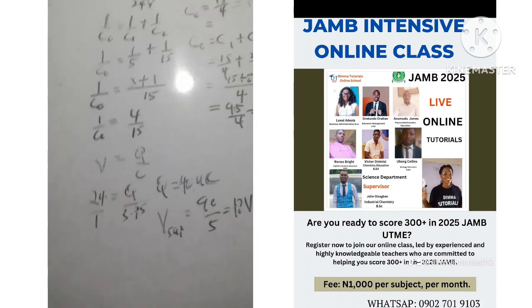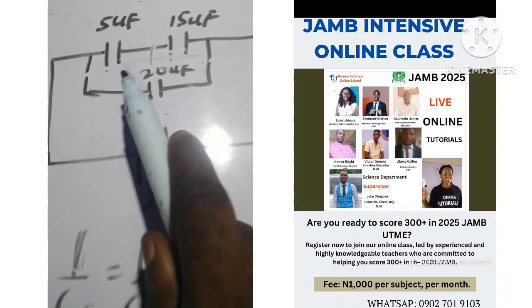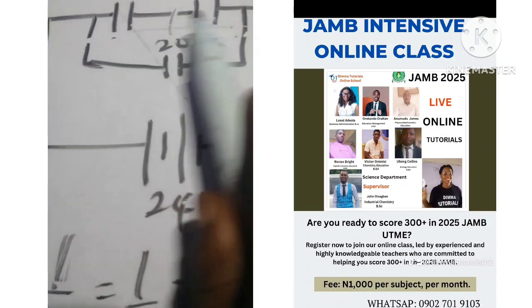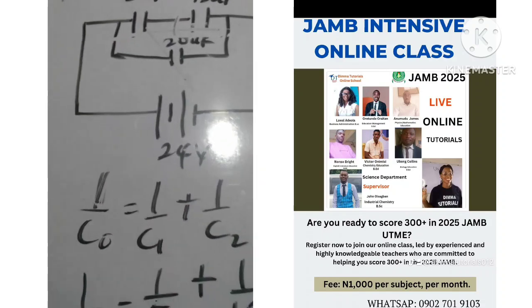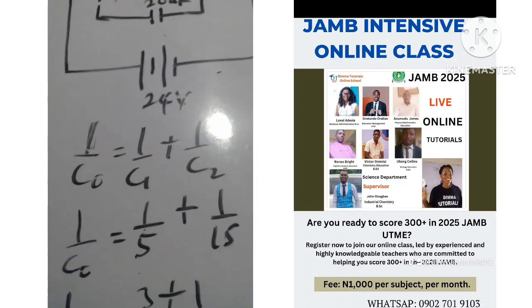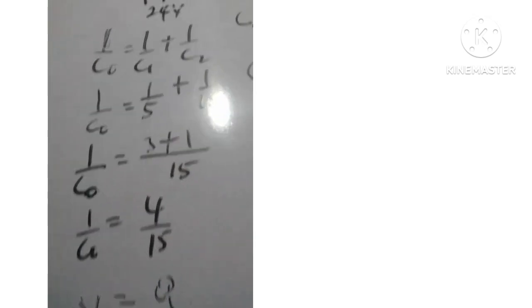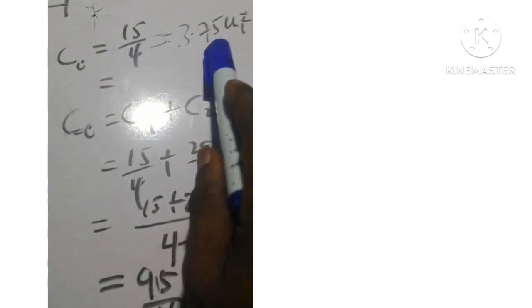So take note of all I've done. It's very important. The first thing I did, this is in series connection. When it's series connection, different voltage will pass through them. But when it's parallel connection, different charge will pass through them. That is for the parallel connection. And this is how to get the series connection, which is 15 over 4, that is 3.75.